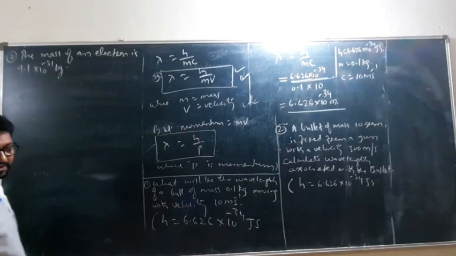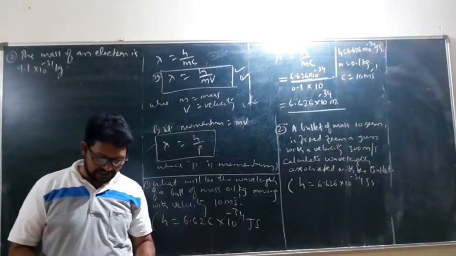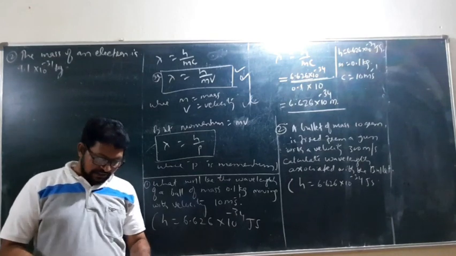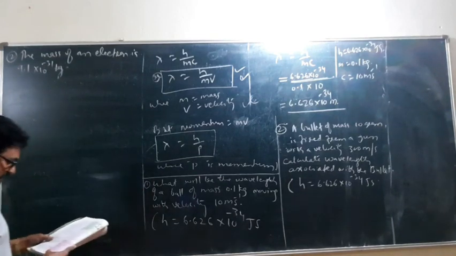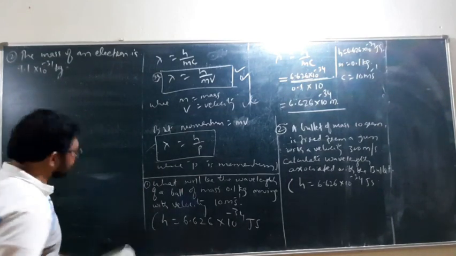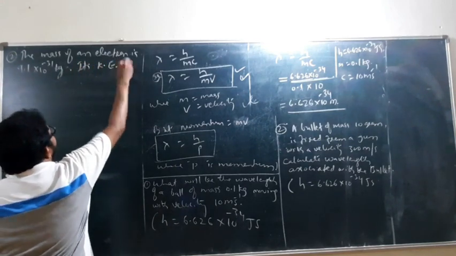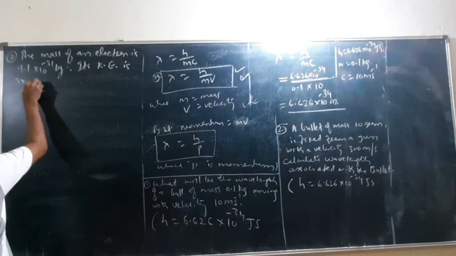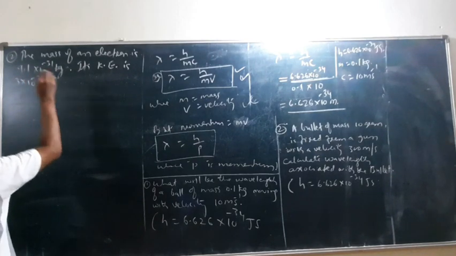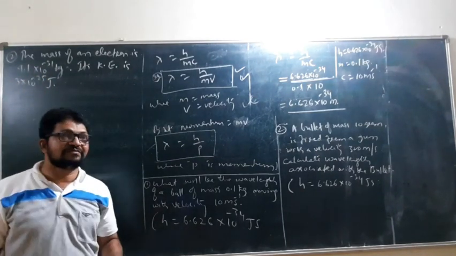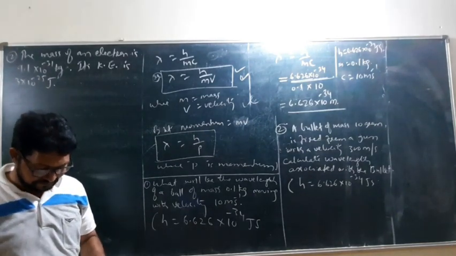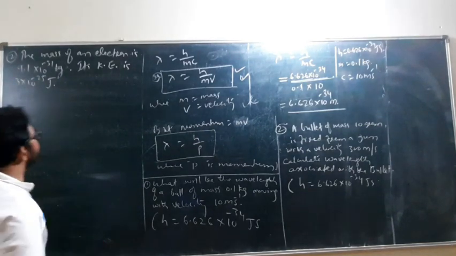Yes, you know this, is it not? Its kinetic energy is 3 into 10 raised to minus 25 joule. Kinetic energy is given, velocity is not given. Calculate its wavelength.